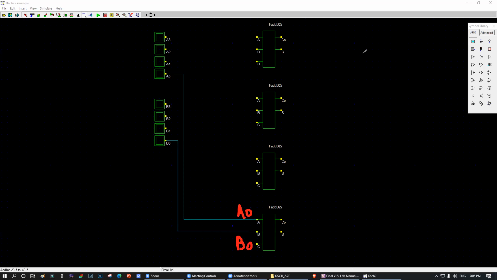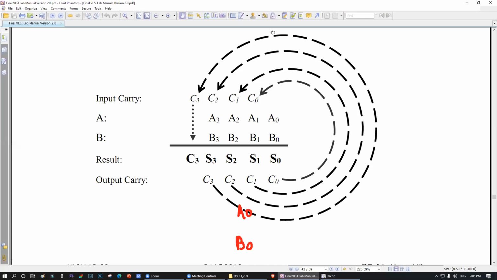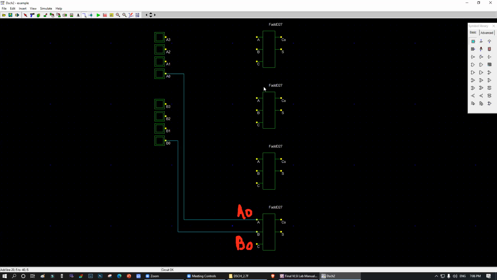If we add A0 and B0, what do we have in our result? C0 and S0, right? So we are going to write that here.